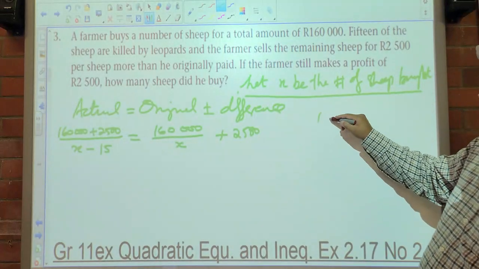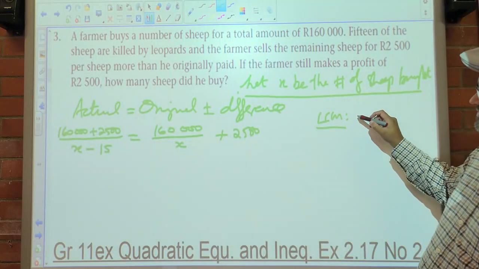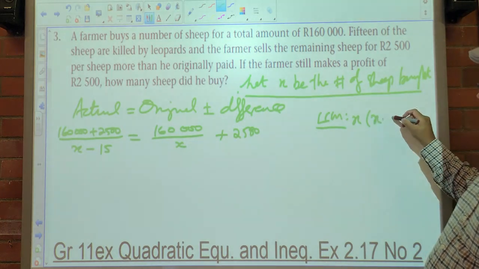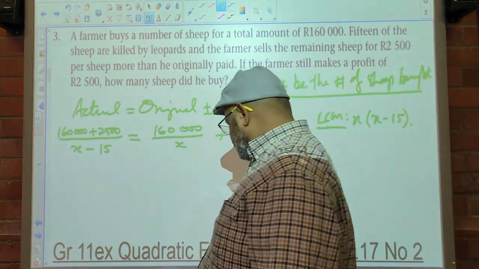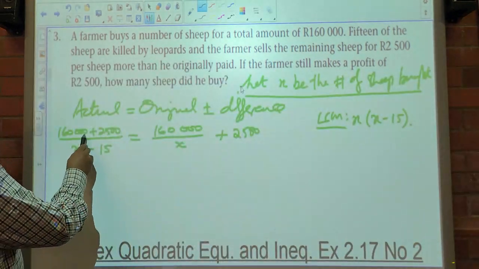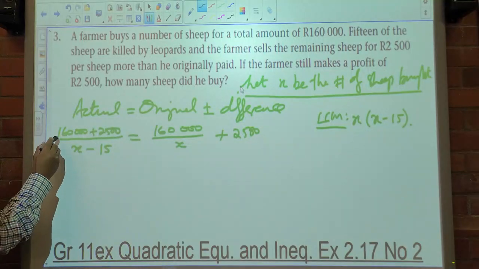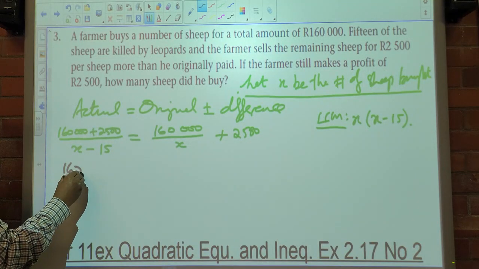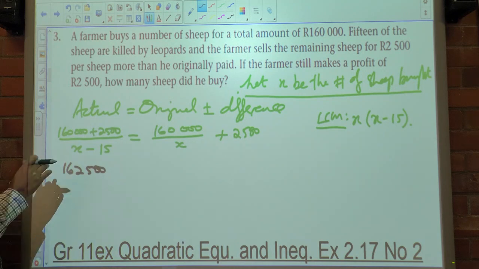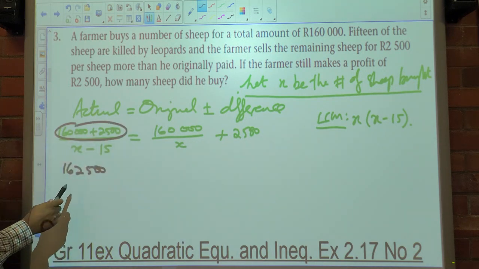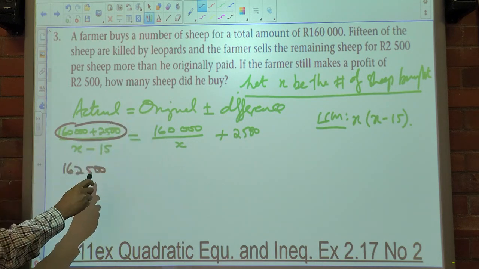Right, so what is the LCM here? X into X minus 15. So let's look at the first fraction. When we add this together, I'm going to get 162,500 rand, the top part here. What must this be multiplied by to get the LCM?